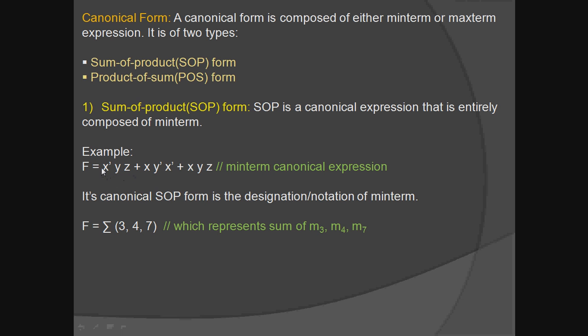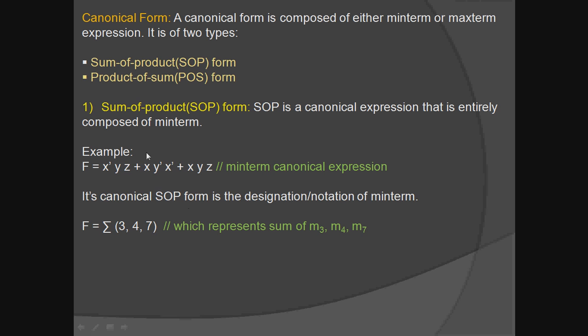So x complement y z will be m3, which in canonical SOP form will be written as 3. Then x y complement z complement will be m4, which will be written here as 4. And x, y, z where all the values are 1 1 1, which is number 7, that is m7, so we write here 7.